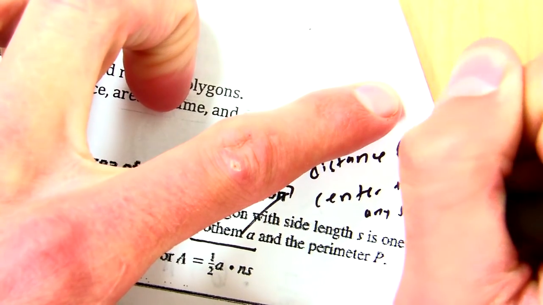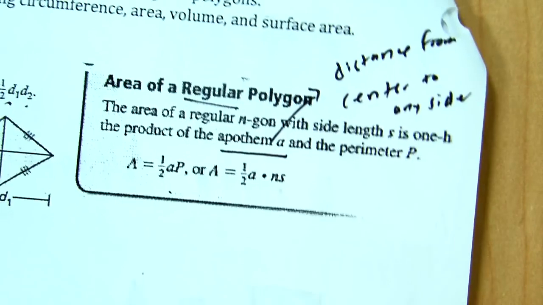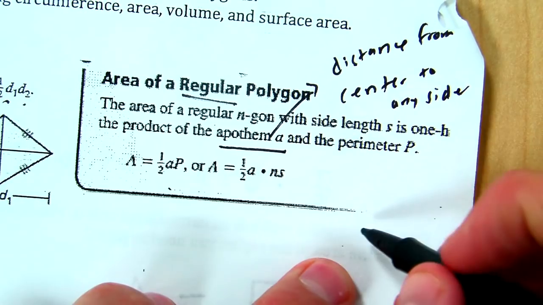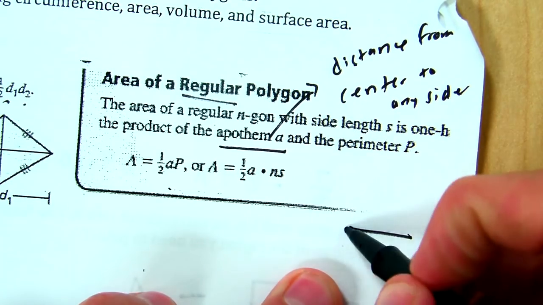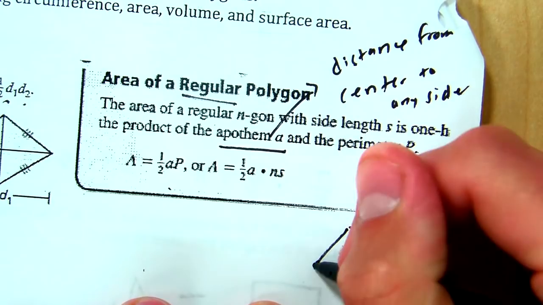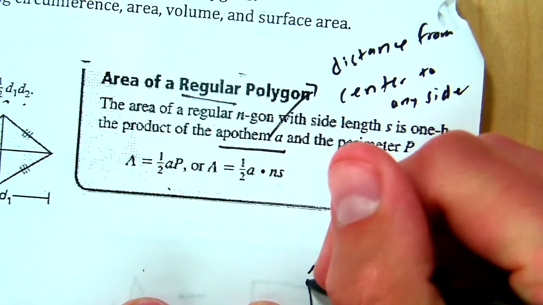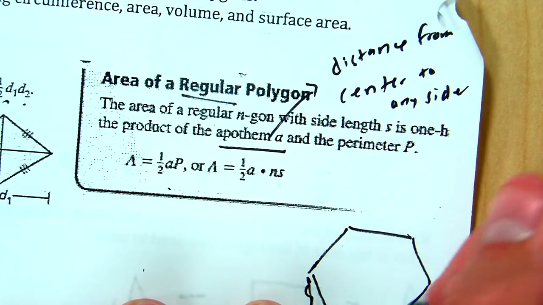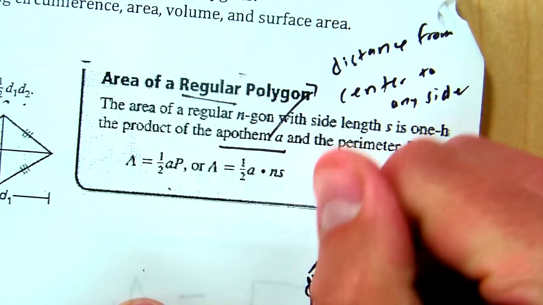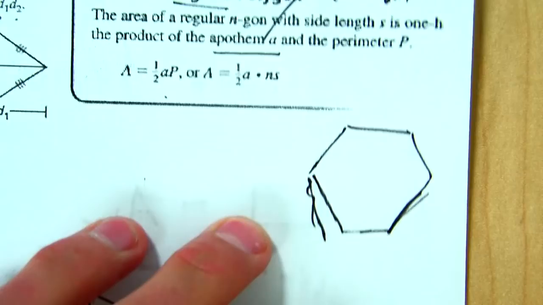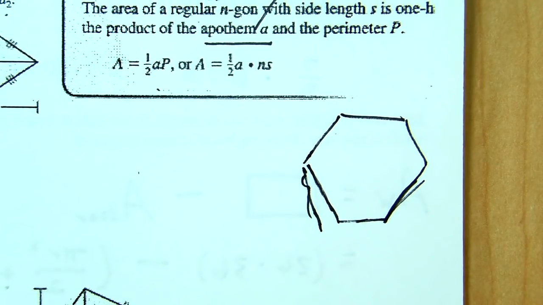And I'll draw it so that you can get a visual representation of that. But the apothem is just the distance from the center of the shape to any side. Oh, that's bad. Okay, so we're going to pretend that this is a good drawing. Now, here's a hexagon.